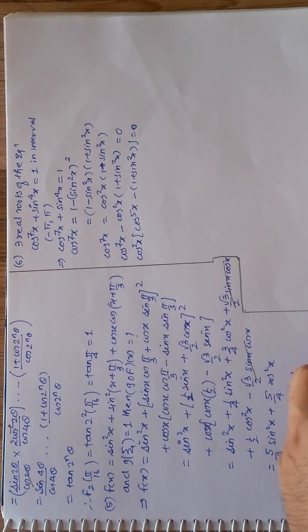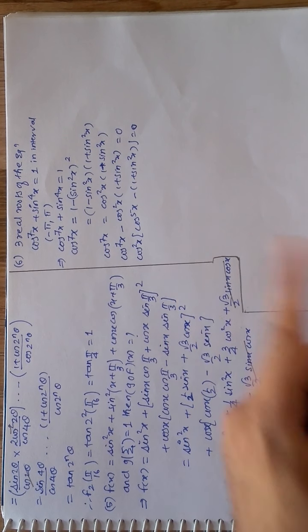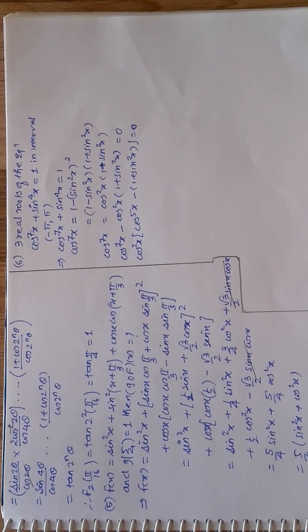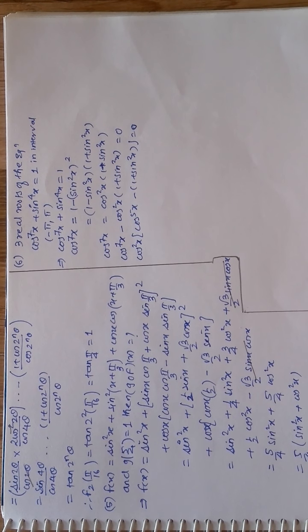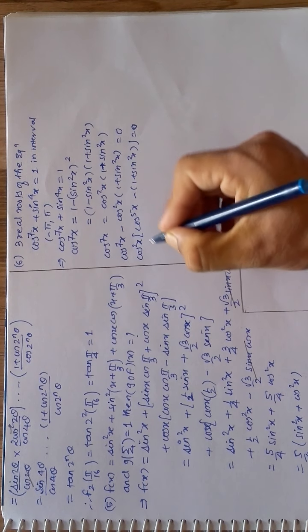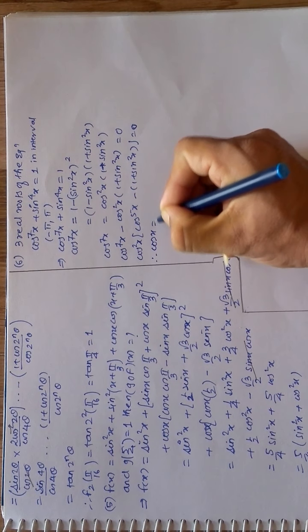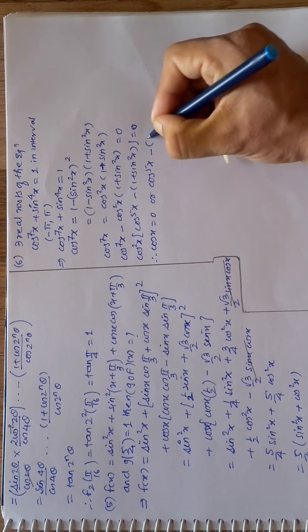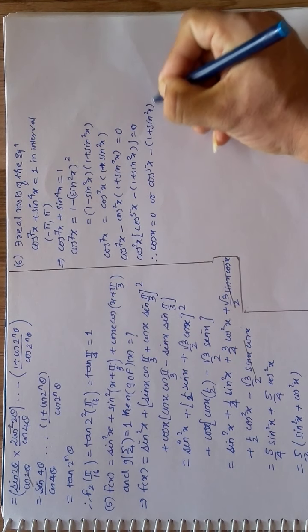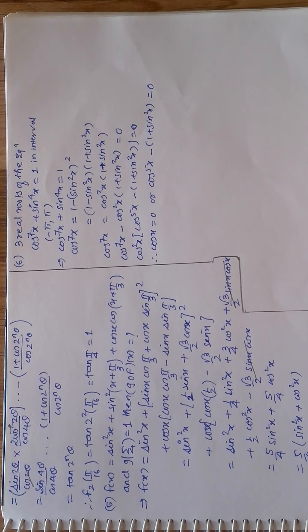So now I get the two conditions over here, and the conditions are either cos square x will be equal to 0 or the second bracket will be equal to 0, right? That is either this will be 0 or that will be 0. Getting it? So therefore cos x is 0 or cos raised to 5x minus 1 plus sine square x bracket will be equal to 0.